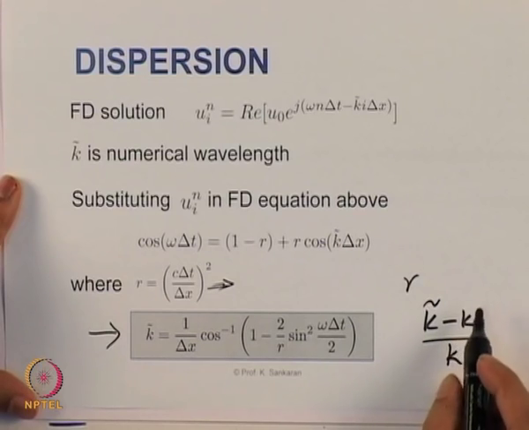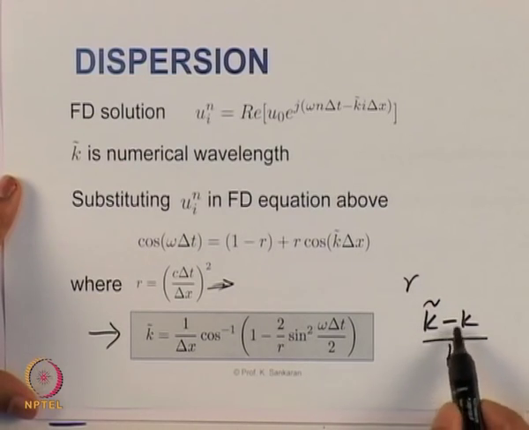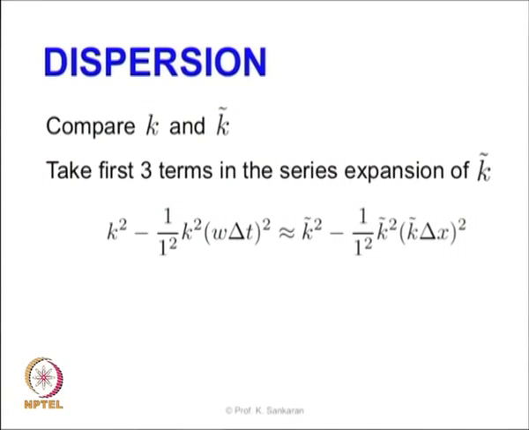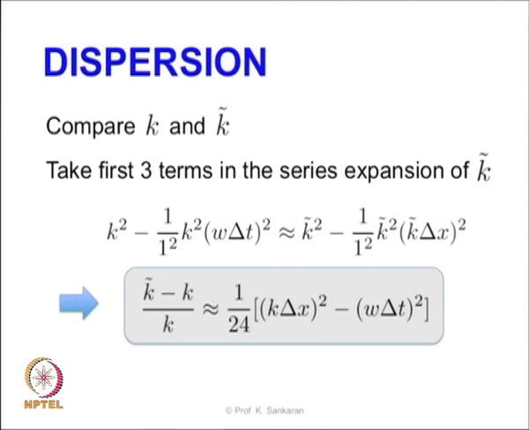What you are doing here is trying to see the ratio of the error in the wave number with respect to the original wave number. That is what you are trying to compute, and essentially you will get an expression for this example which is given in this particular equation.